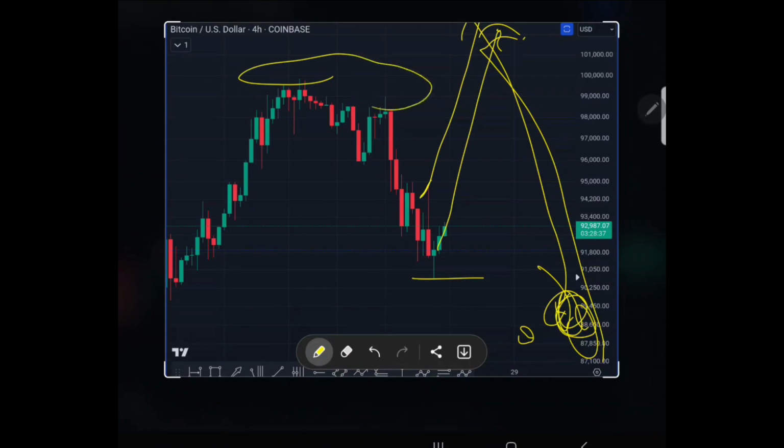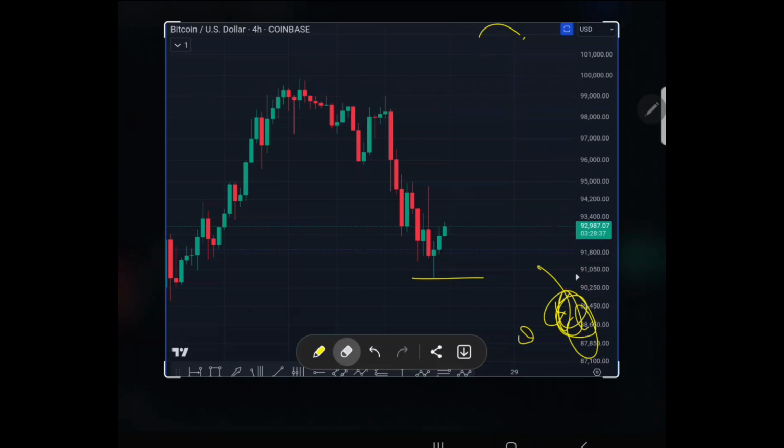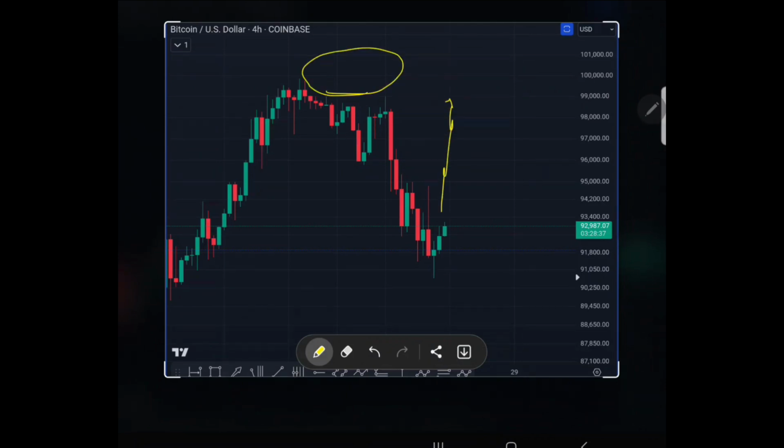There are a lot of orders up here at the 100,000, and the market maker may have to take on too many sell orders to get through there. So if the market maker comes up there and grabs all those sell orders, they had to buy. Like all of these shorts, they market buy, which gives you fuel to push up.